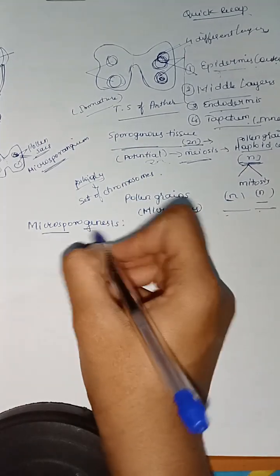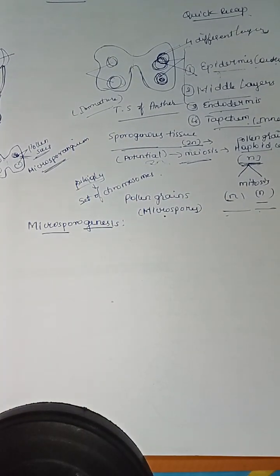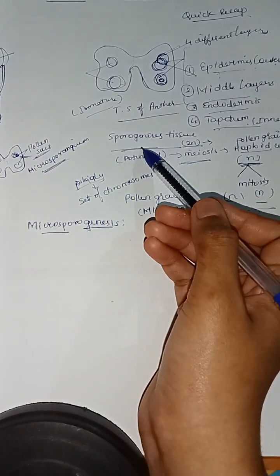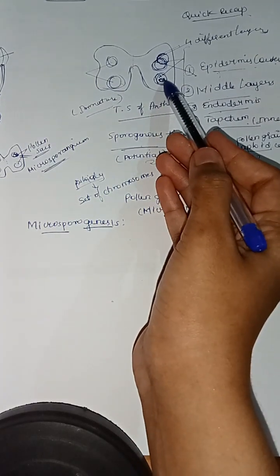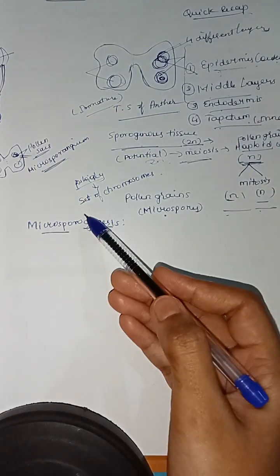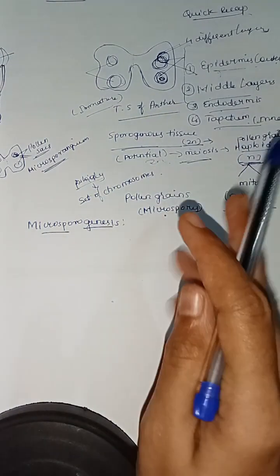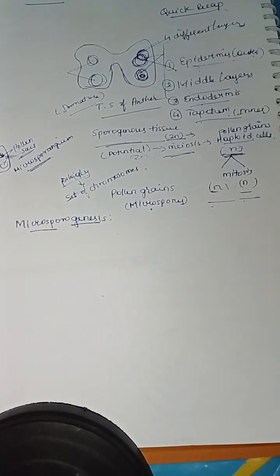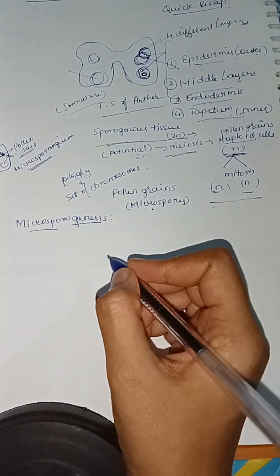It is an important phenomenon formed by the sporogenous tissue. The sporogenous tissue, present at the tapetum, the innermost layer, forms the pollen grains. How that process takes place is explained by microsporogenesis. Let us discuss it briefly.